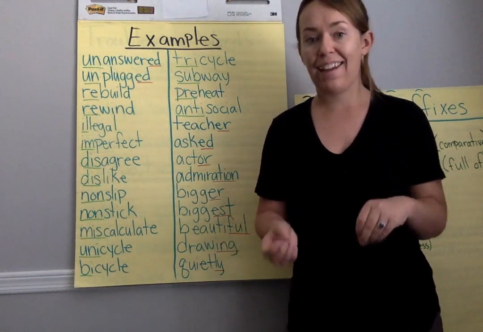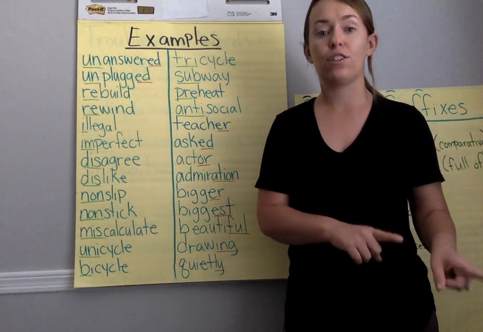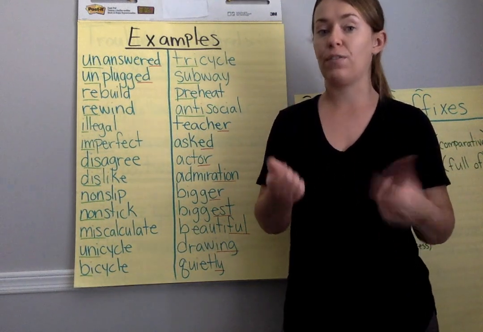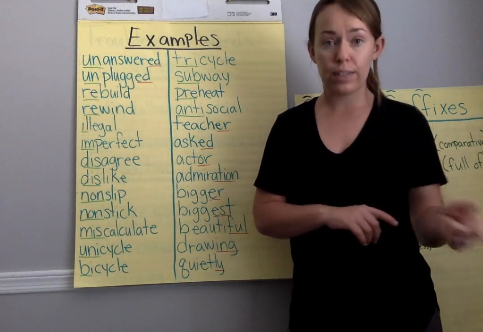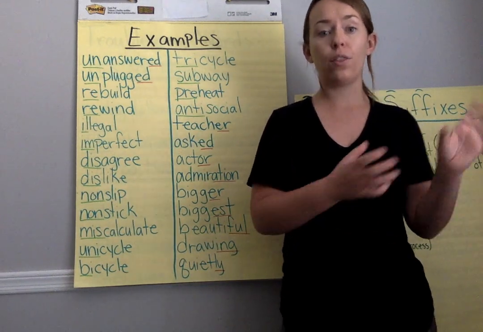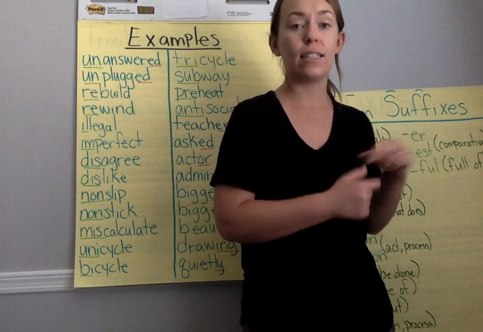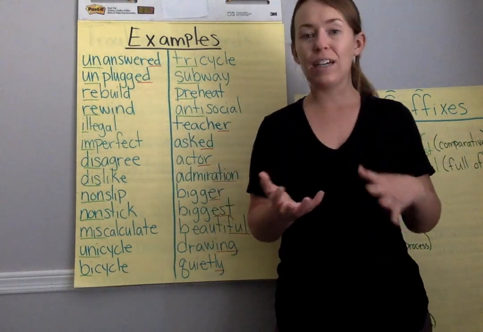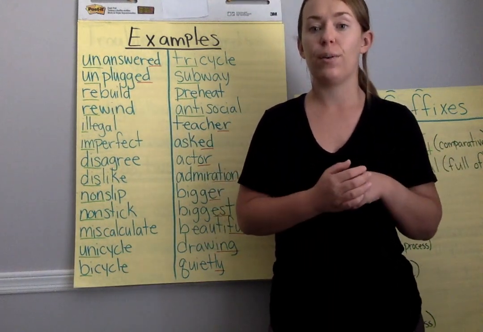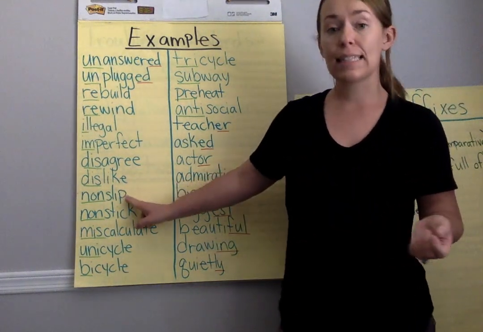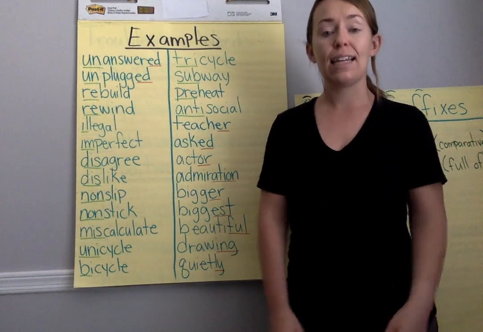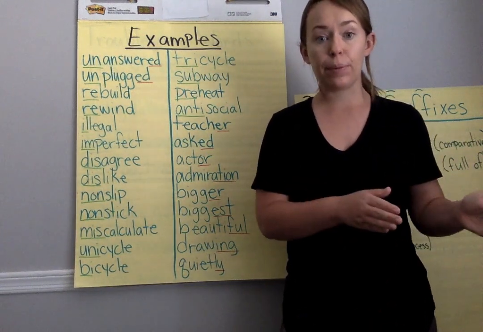Understand that you guys can get the new definition of a word by looking at that prefix or looking at that suffix. Reference the notes that you guys took earlier on those different common suffixes and prefixes, and then you'll be able to write your new definition, okay? So if I asked you to write the definition of non-slip, all you would need to say is does not slip, okay?